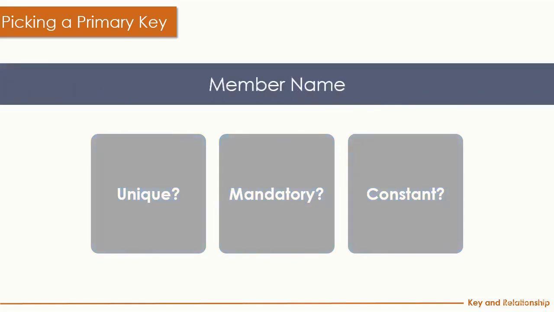Let's check each column. The member name, is it unique? May not. We see Nancy Ward, three times. Is it mandatory? Yes. Is it constant? Yes, at least we will not change our name so often, but it's not unique, so we can't use it as a primary key.